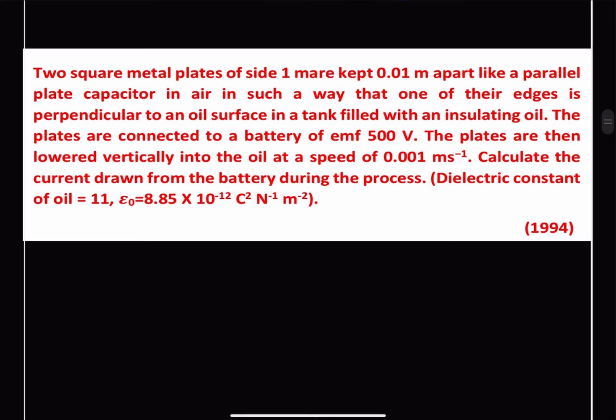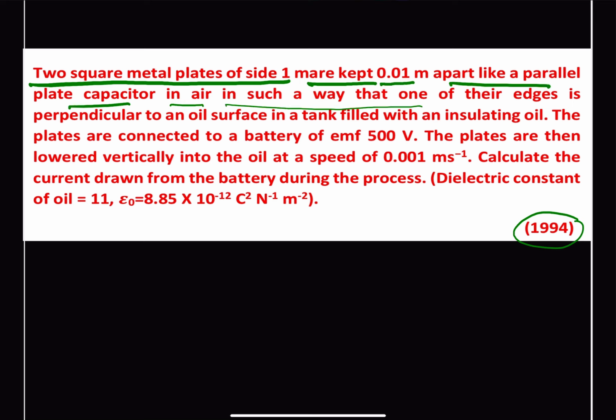It was asked in the year 1994, and it states that two square metal plates of side 1 meter are kept 0.01 meter apart like a parallel plate capacitor in air in such a way that one of their edges is perpendicular to an oil surface in a tank filled with insulating oil.